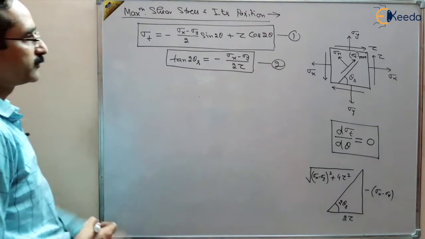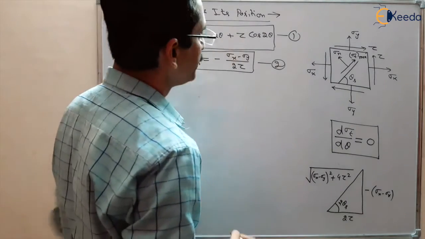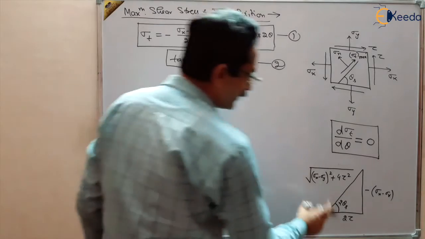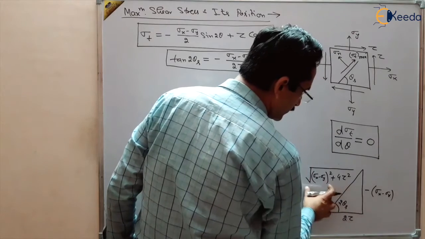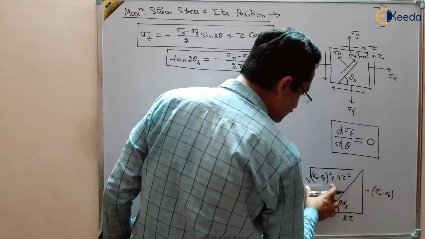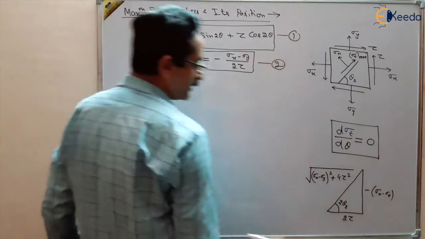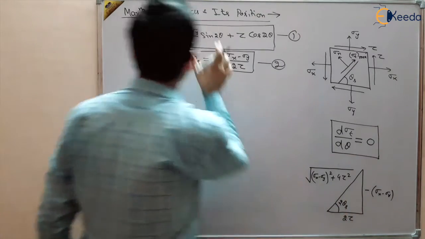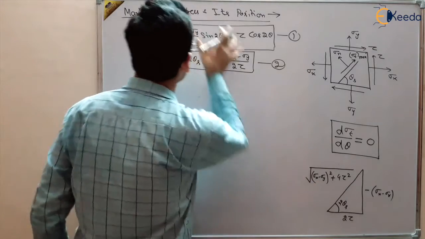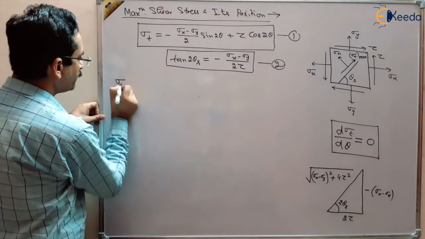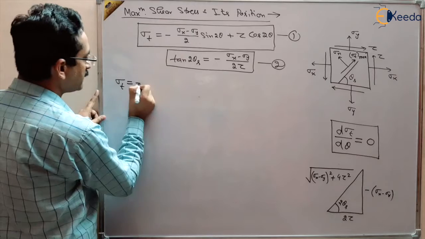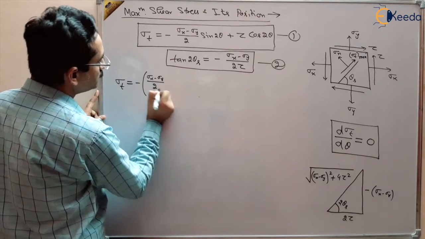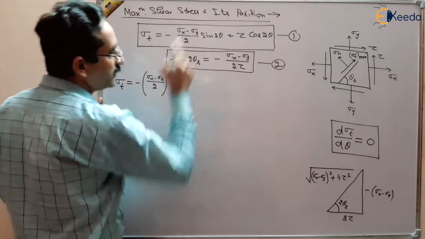Now what is the value of sin 2 theta, and what is cos 2 theta? Sin 2 theta will be perpendicular upon hypotenuse, minus (sigma x minus sigma y) by this, and cos 2 theta will be 2 tau upon hypotenuse, base upon hypotenuse. So we will put these in the equation. Sigma t will be equal to minus (sigma x minus sigma y) by 2 times sin 2 theta.